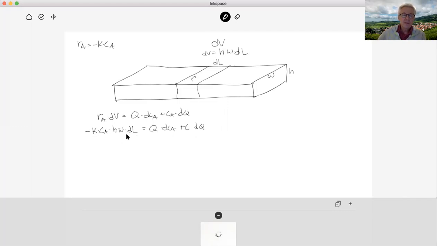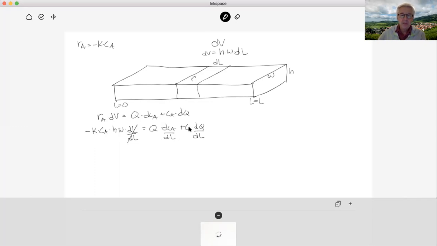And now we can divide both sides with dL. And then this becomes 1. And we see that we have an expression for how the concentration changes along the wetland, from L equals 0 to L equals L.